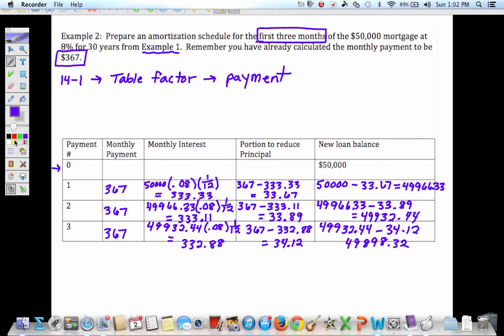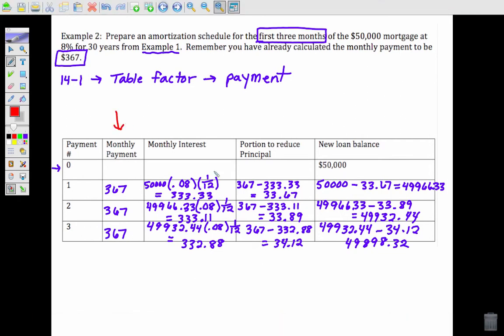That concludes our 3 months. So I will give you an idea again of what we're doing here. Your monthly payment stays the same. You figure your interest, principal times rate times time for 1 month. Then you subtract your payment minus the interest, and this goes on the principal.